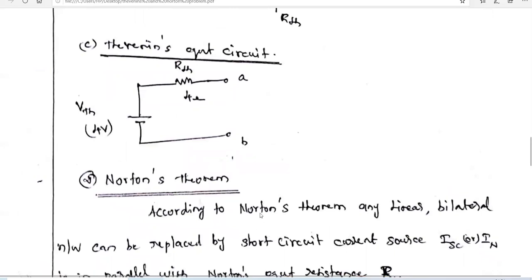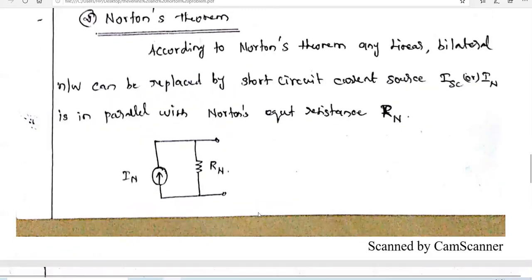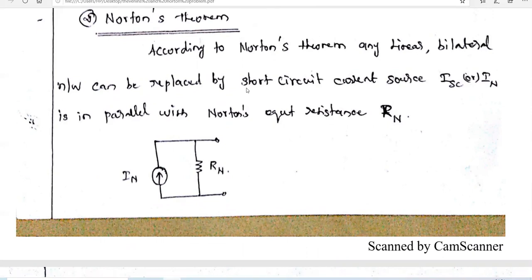But here, as per procedure, we are going to solve the same problem using Norton's theorem. So what does Norton's theorem mean? Any complex linear bilateral network can be replaced by one short circuited current source, or Norton's current source, IN or ISC.